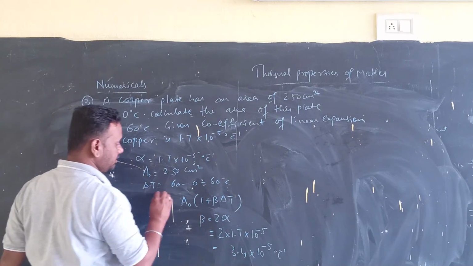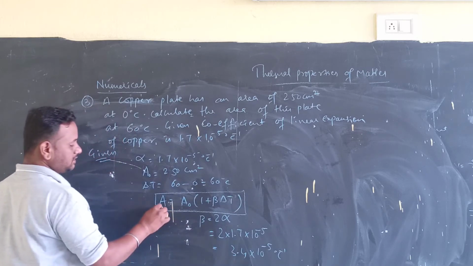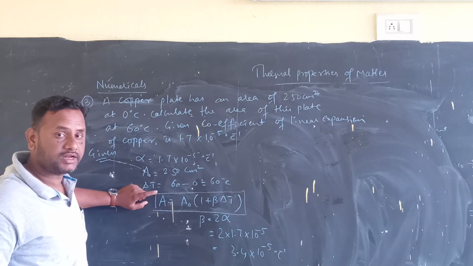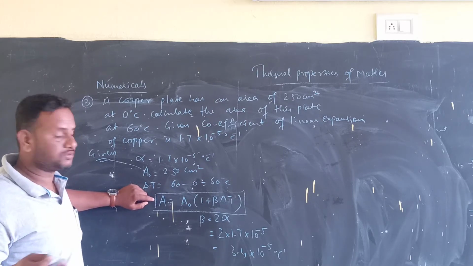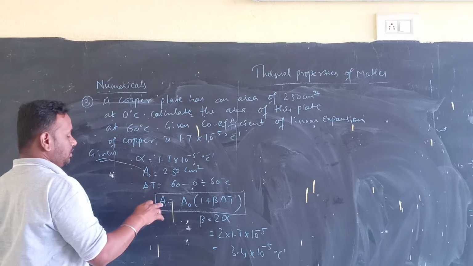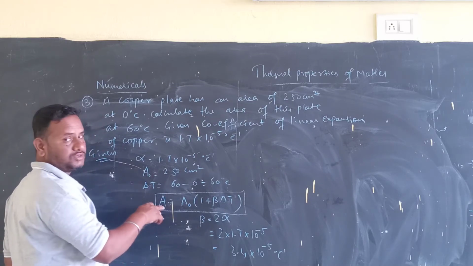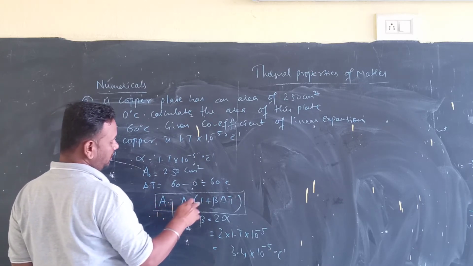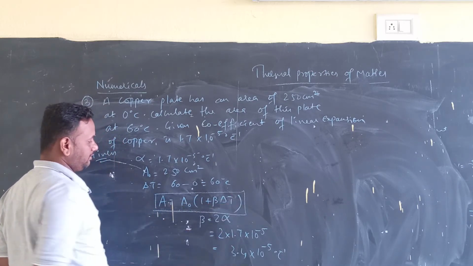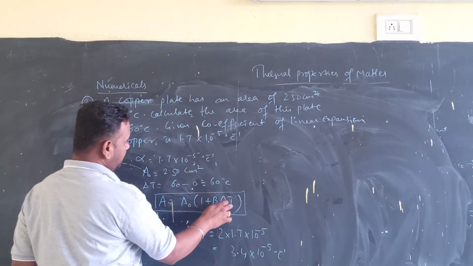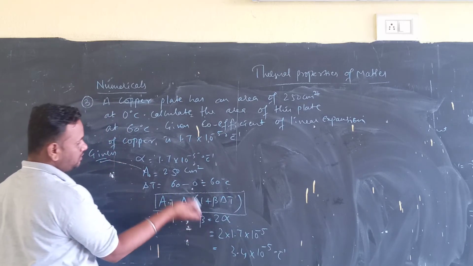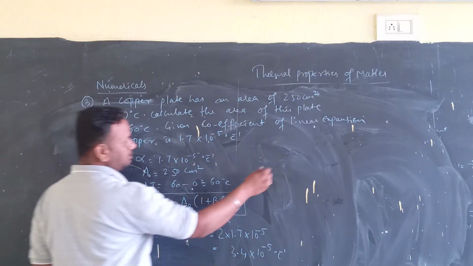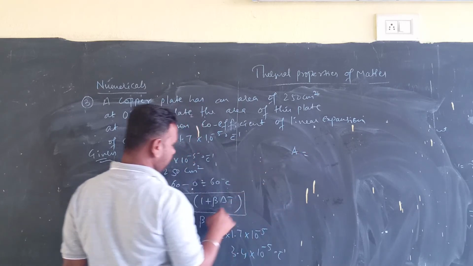Using this relation, this is an expression after heating, as I explained. After heating, the total area of the metal plate is given by A is equal to A naught into 1 plus beta delta T. So we know beta here, we know delta T. Okay, we know this beta value of 3.4 into 10 to the power of minus 5. So let us calculate this. A is equal to, let us substitute this value.